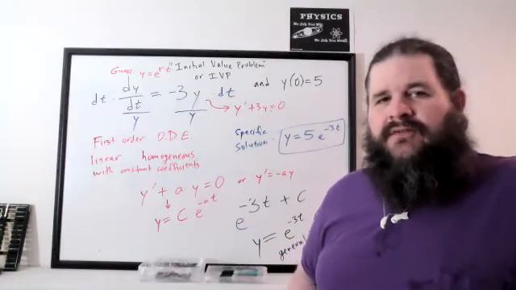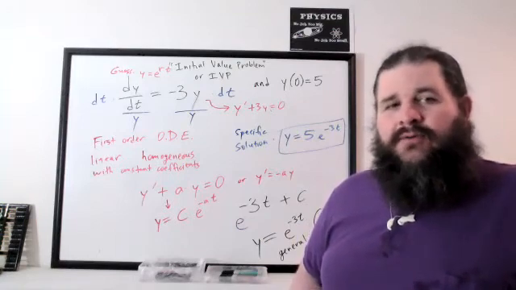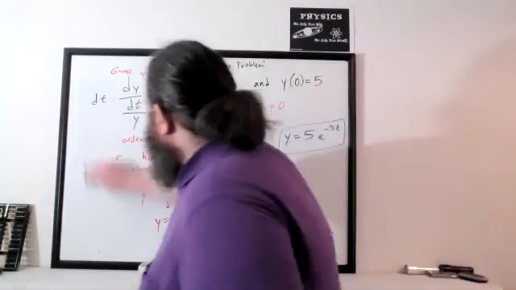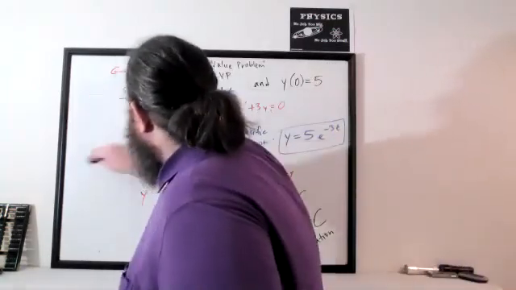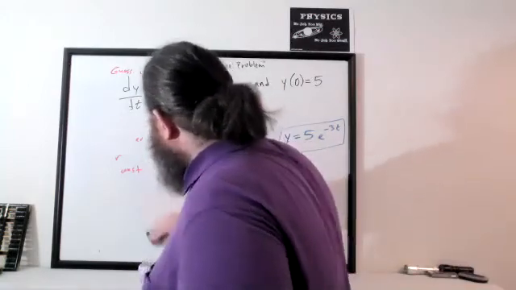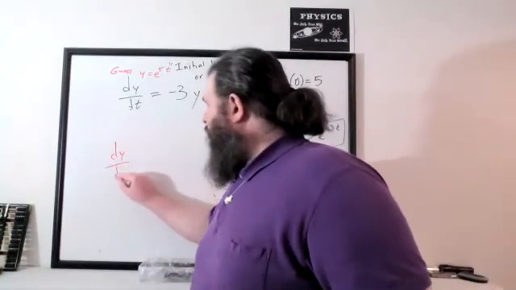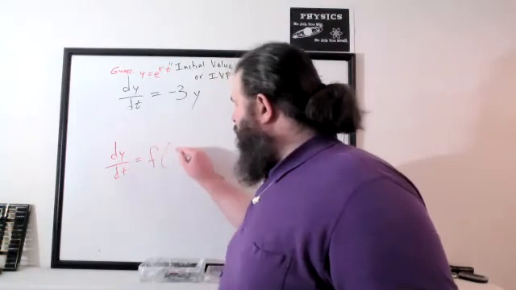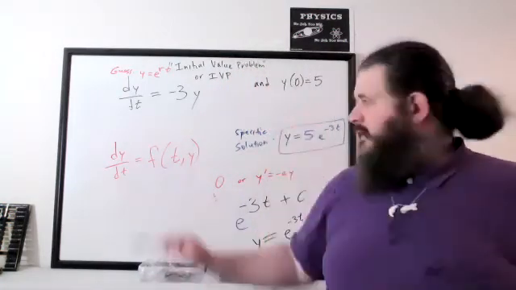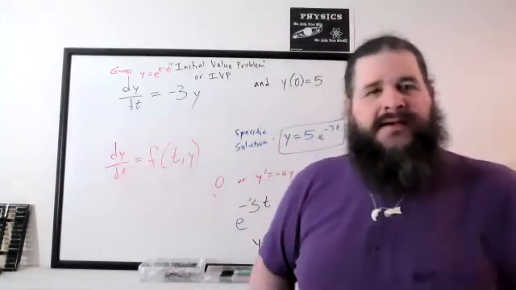Alternatively, even if it's not a physical real world system you can observe, you can often get an idea of what the behavior looks like using this idea of a direction field. The whole idea of a differential equation is that it describes the derivative, the slope at every point. Anytime you've got dy/dt equals something about t and y, if you have a point on the graph, a t value and a y value, you can plug those in and find the slope at that point.